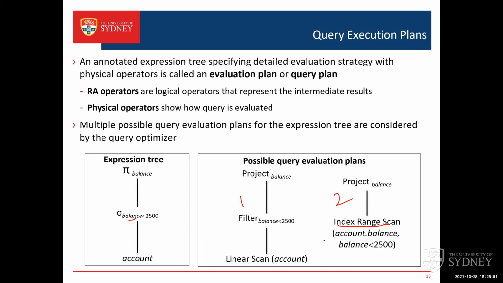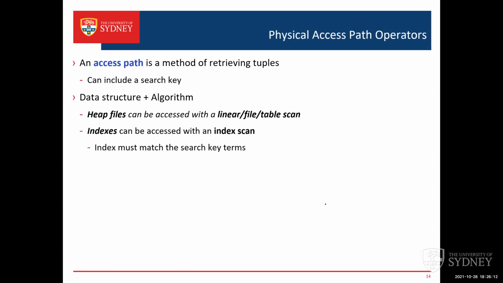The first one is based on a linear scan. The second one is based on the index, let's say. So we'll try to figure out the cost like we did last week, okay? Based on the cost, we can determine which one will be optimal. So that's what this part will do: they will always figure out the plan with the optimal cost.